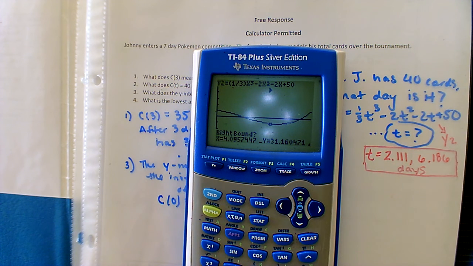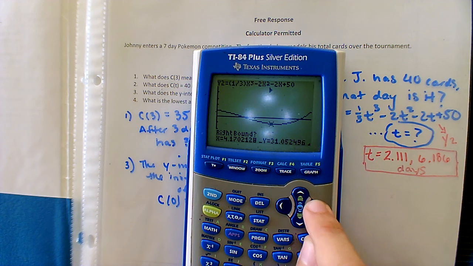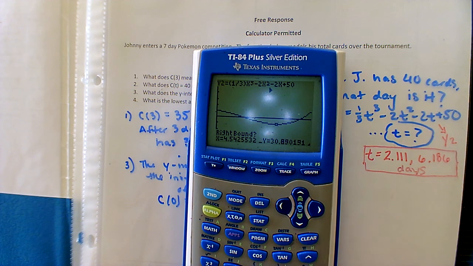Okay. What we're doing is we're making it easier for the calculator. Instead of the calculator having to check the whole graph for the lowest point, we're just letting it check a certain section. Okay, it'll make it go quicker for us. Notice how the next question says right bound. So we're going to move the little spider back to where we think the lowest point is, but now we're going to go a little bit to the right.